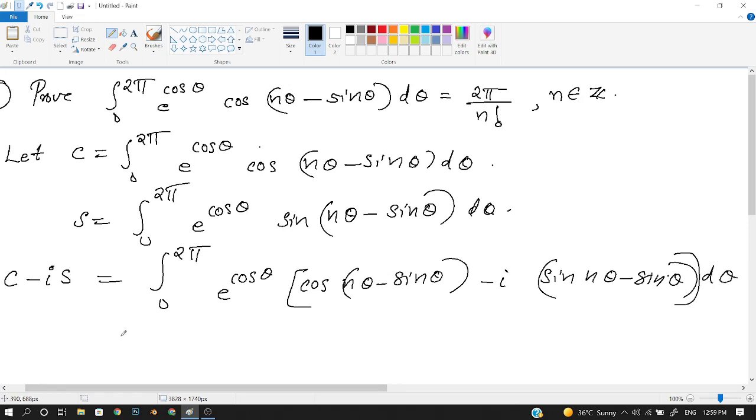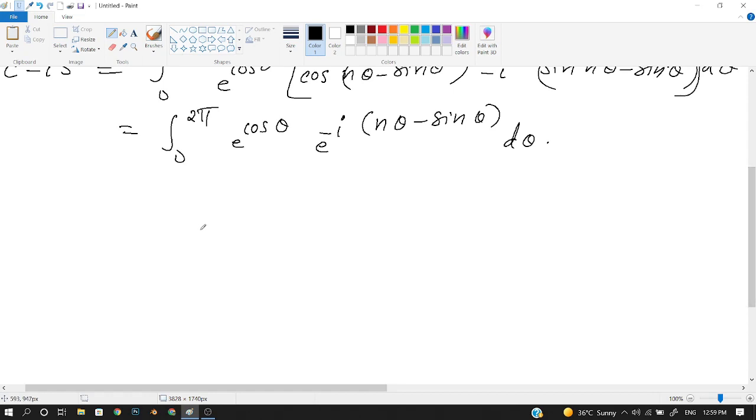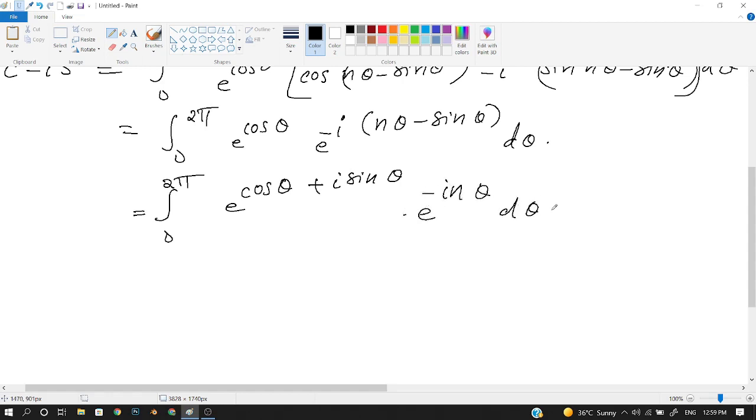d theta. So this is equal to integral 0 to 2 pi e raised to cos theta, then e raised to minus i into n theta minus sin theta d theta. Now this is equal to integral 0 to 2 pi e raised to cos theta plus i sin theta into e raised to minus i n theta d theta.